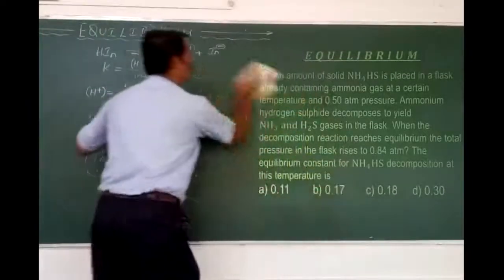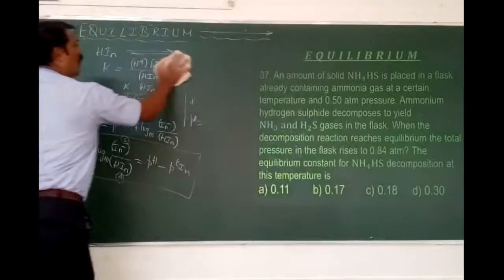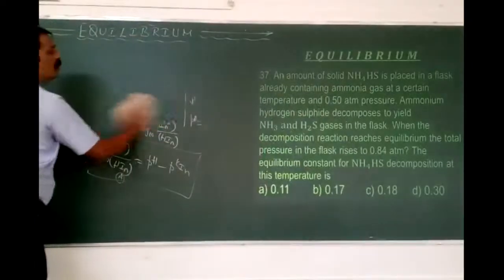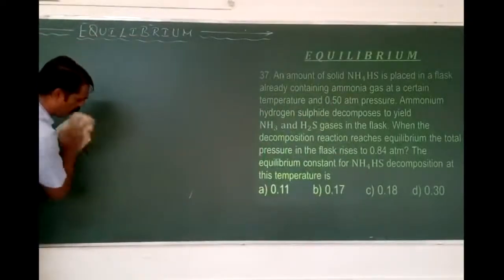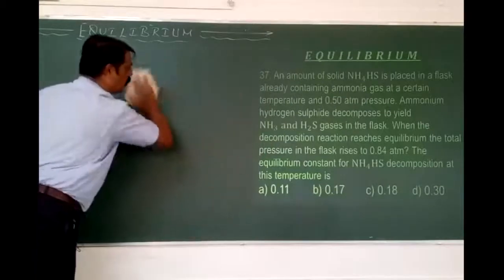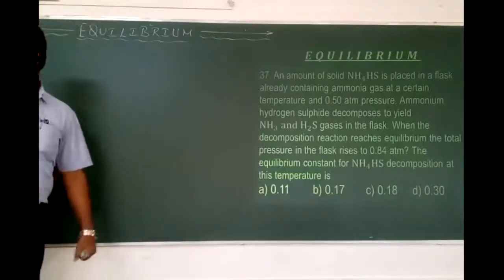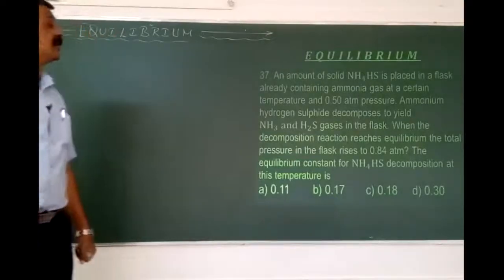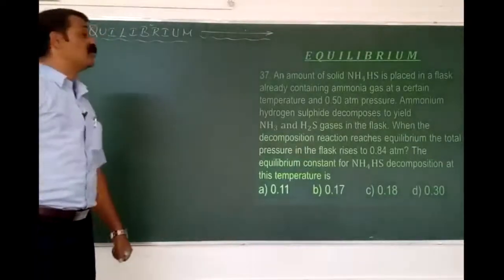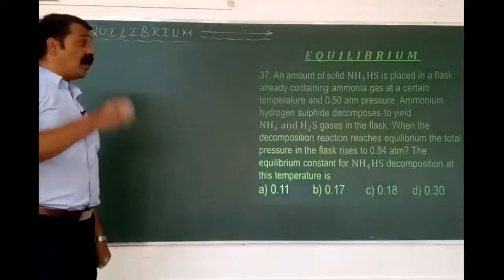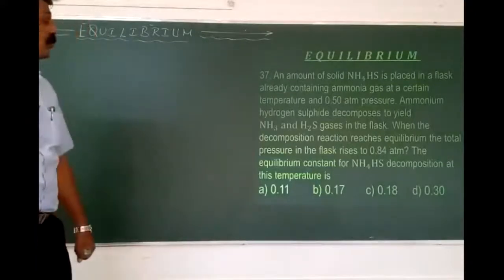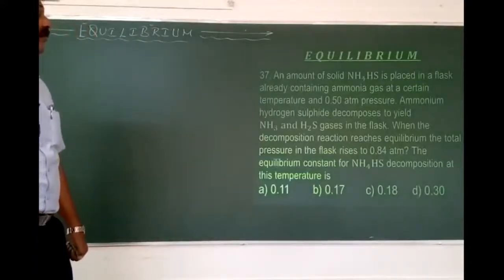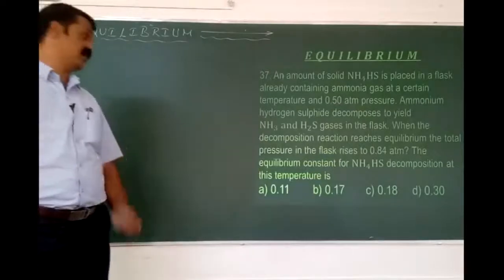Now, an amount of solid ammonium bisulfide, NH4HS, is placed in a flask already containing ammonia gas at a certain temperature and 0.5 in terms of atmospheric pressure. Ammonium hydrogen sulfide decomposed to yield ammonia and H2S in the form of gases in that flask.